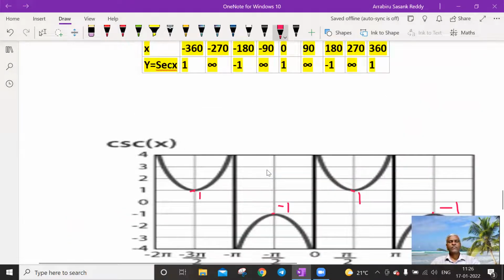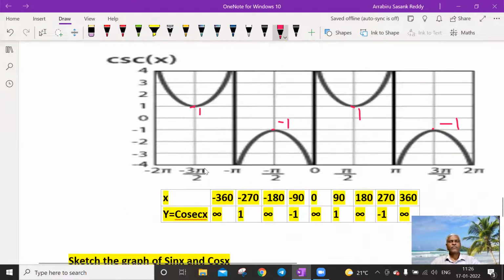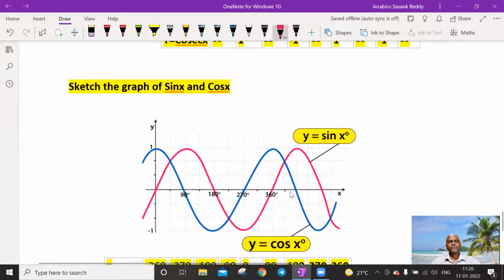So this is cosec. The range is minus 1 to minus infinity union plus 1 to plus infinity. So this is the range.